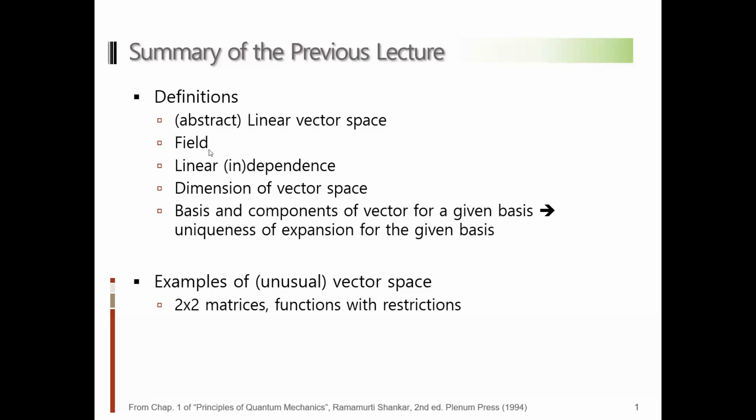There was a concept of the field, and one important property and definition in the linear vector space is the linearly independent and linearly dependent concept. That one is directly related to the definition of the dimensions of the vector space.